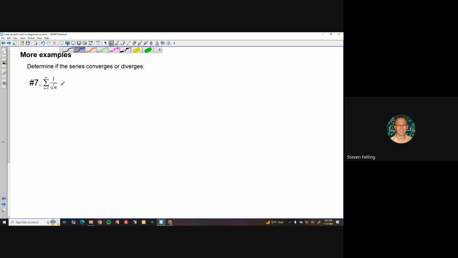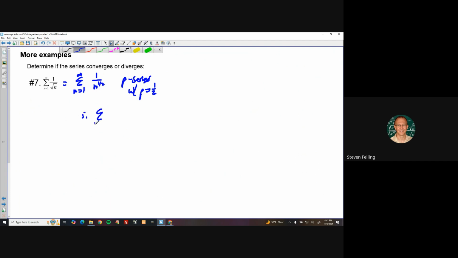All right, so it doesn't necessarily look like a p-series yet, but it is, because we can rewrite this as a series from 1 to infinity of 1 over n to the 1/2 power. That is n to a constant, so that is a p-series with p equals 1/2, which means this diverges.